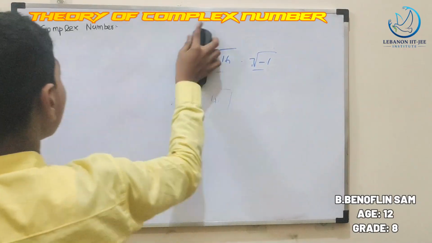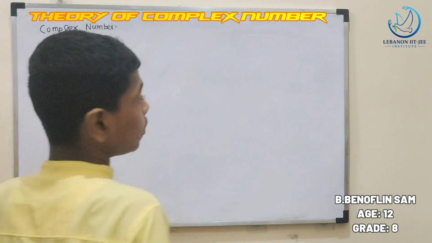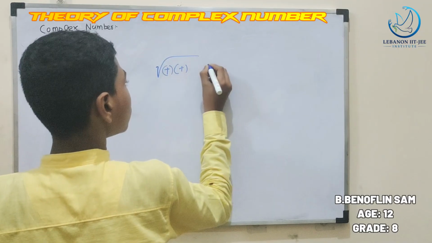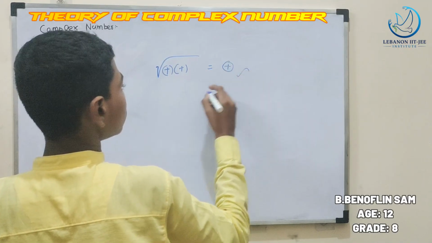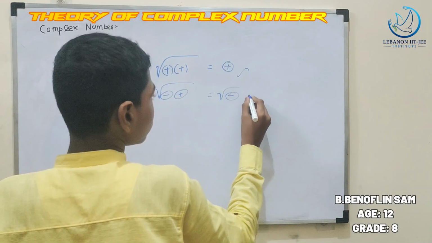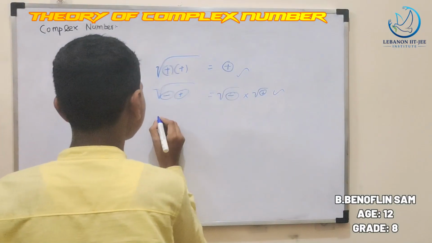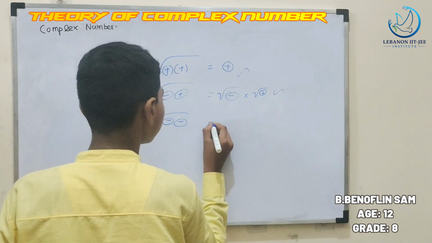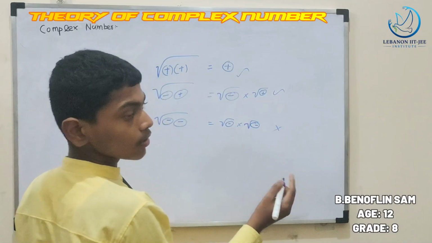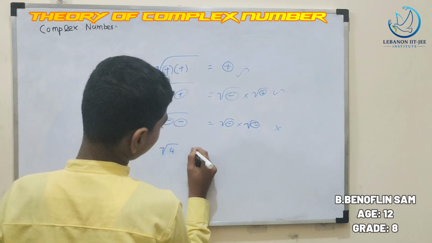But I think teachers don't teach this properly. When splitting roots, positive into positive is positive, and negative into positive is negative into positive, which is correct. But root of negative into root of negative splitting is wrong. Why? Take 4, root of 4 you know already.